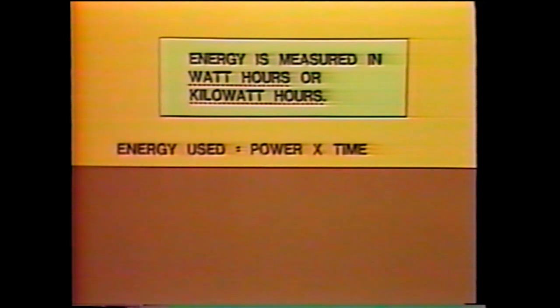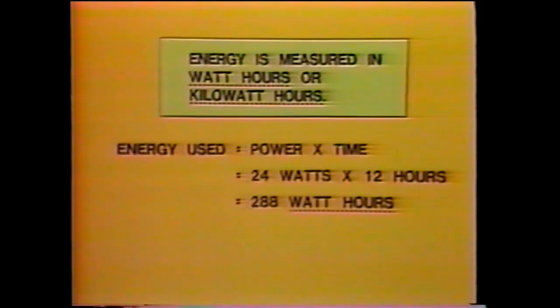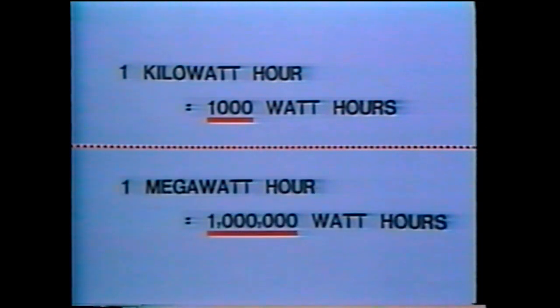In this case, we would simply take 24 watts times 12 hours to get an energy consumption of 288 watt-hours. The kilowatt-hour is 1,000 watt-hours, and the megawatt-hour is 1,000,000 watt-hours, or 1,000 kilowatt-hours.